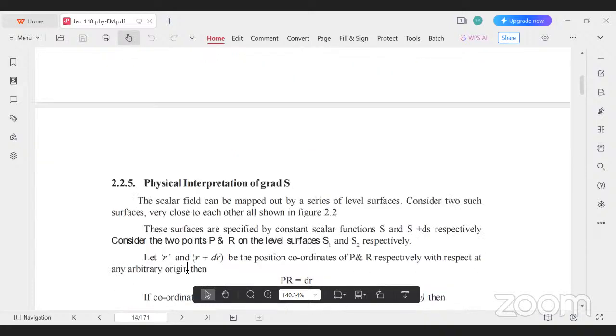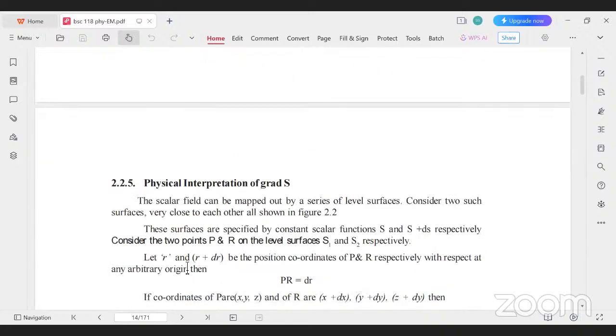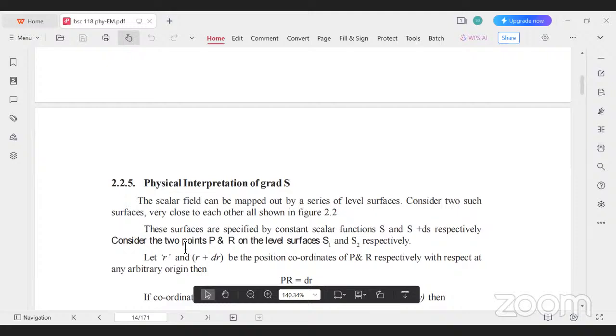Okay. So next are the physical interpretations of grad.